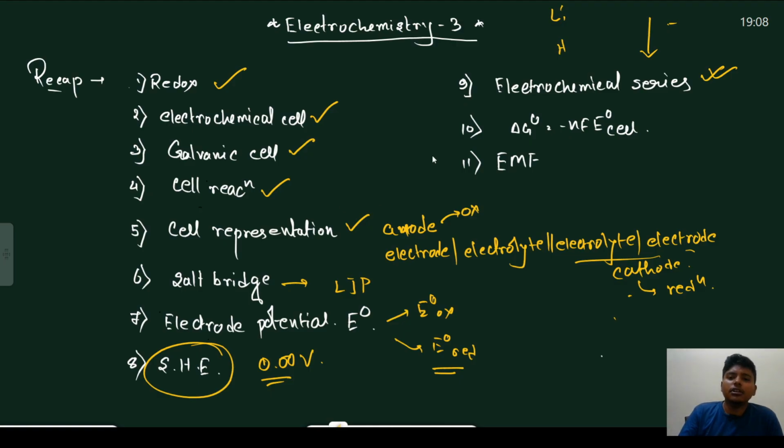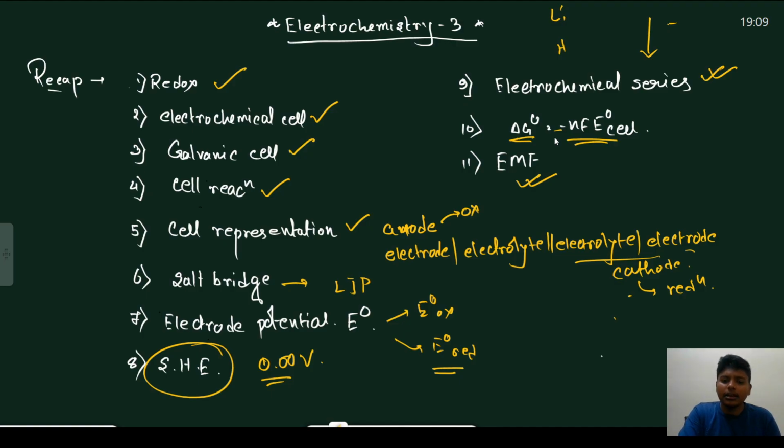Next we learned delta G naught is equal to minus nF E naught cell. And we talked about EMF, electromotive force, which is intensive, and how to calculate all the things we did, right? Yes or no?